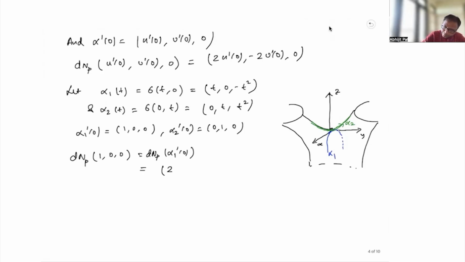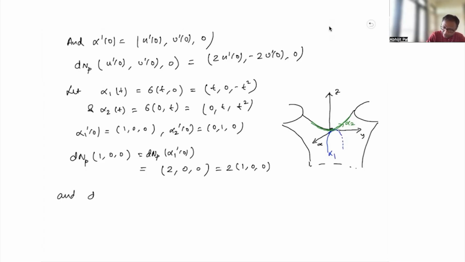So dNp of 1 comma 0 comma 0 will be equal to 2 comma 0 comma 0, which is equal to 2 times (1, 0, 0).